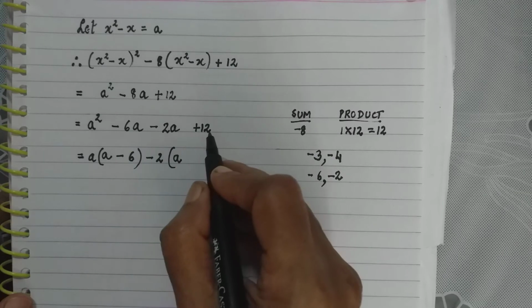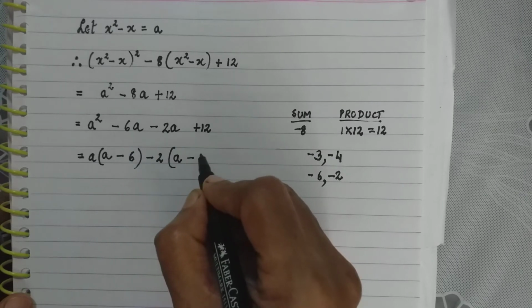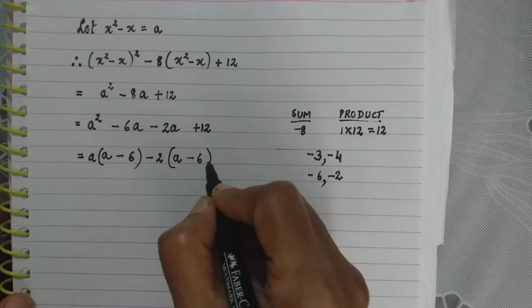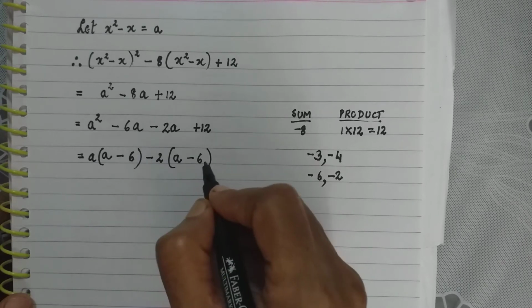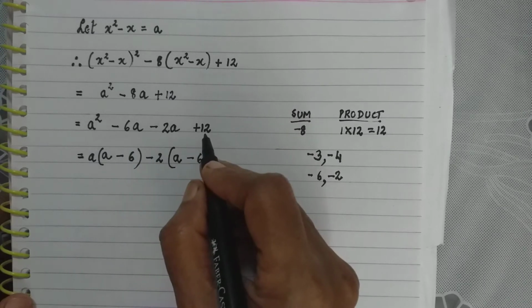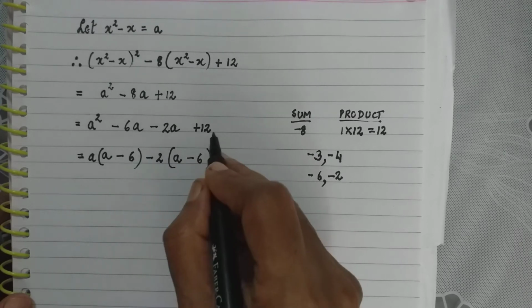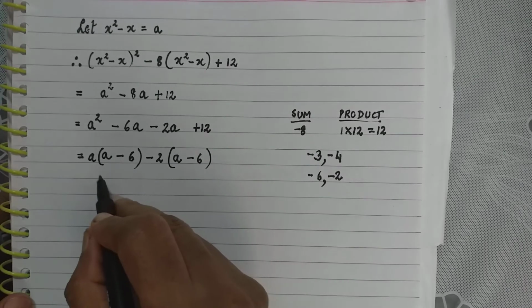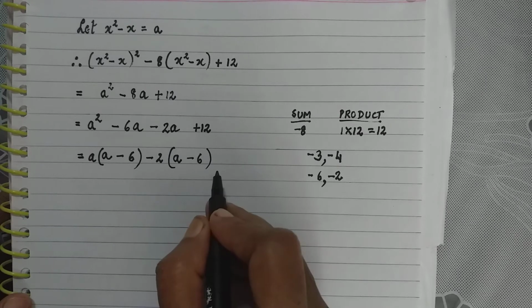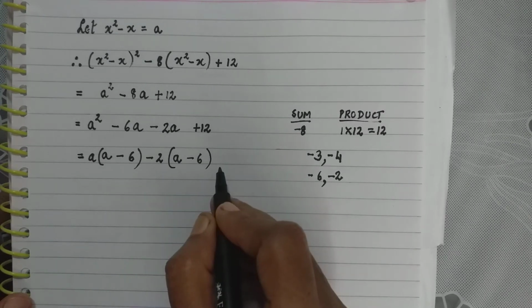So minus 2 goes in plus 12 minus 6 times. So how is this minus 6? I have to put minus 6 because minus 6 into minus 2 will become plus 12. Minus into minus is plus, 6 into 2 is 12. Now we have two terms here, a into (a minus 6) and minus 2 into (a minus 6).